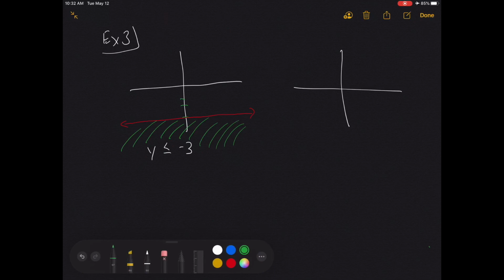And then we also have the example that x is greater than 2. So again, we're going to go to where x is 2, which is right about here. And we're going to draw a vertical line right through that because x has to be greater than 2. Now remember that there's no equal to symbol underneath of that one, so it's going to be a dashed line through 2.